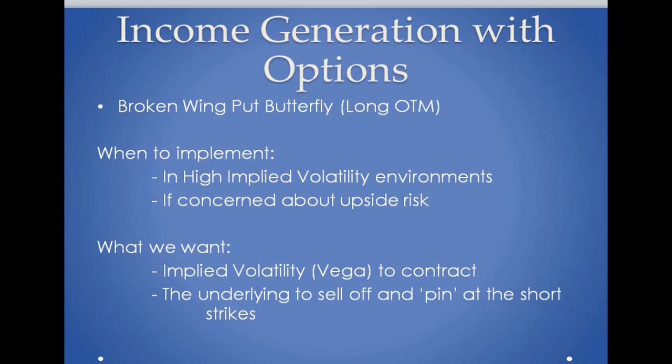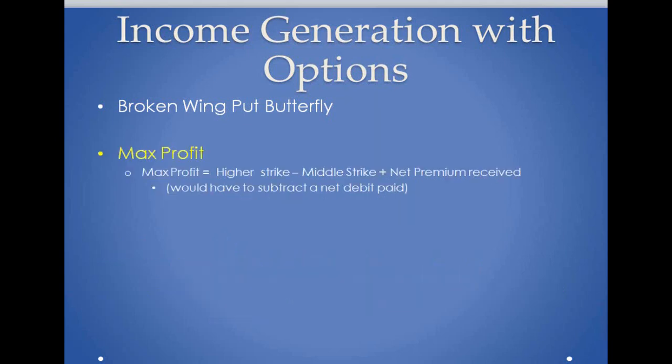Because this is out of the money, keep in mind the underlying is trading above all of our strikes, so we want this underlying to sell off a little bit right to our base strikes and pin there. But if it continues to go upward, we will still receive our net credit.